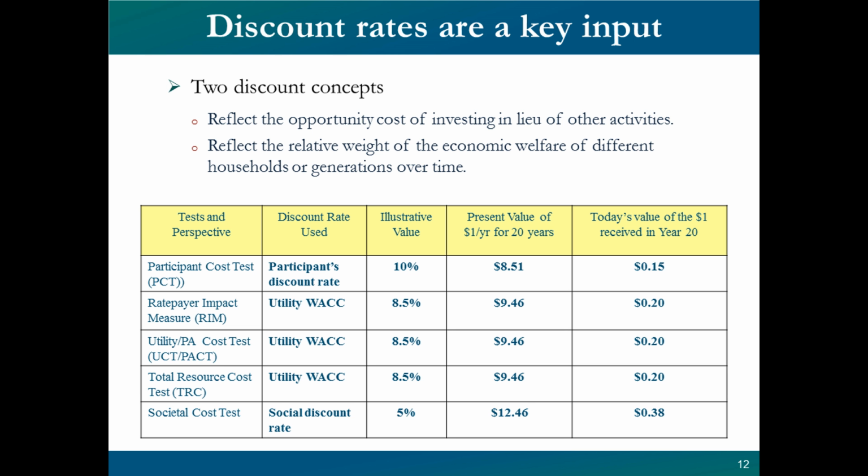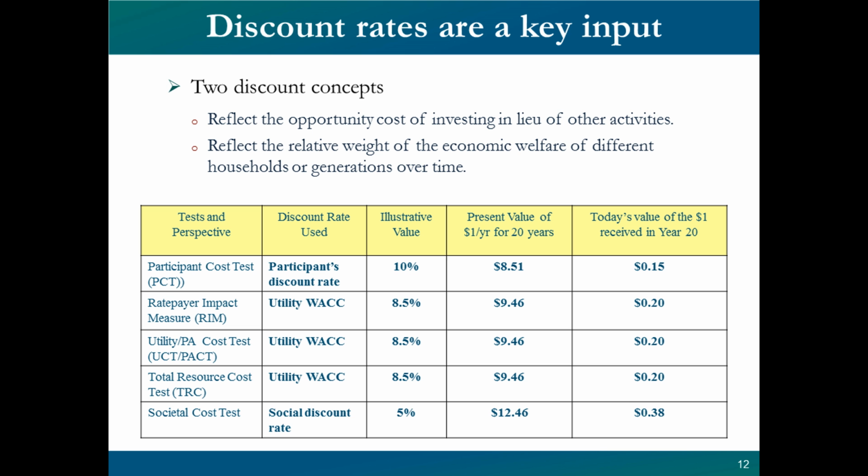We're doing life cycle benefits and costs, and especially if we're talking about whole building measures, we're talking about things that will be there for a very long time. And so how you discount really drives the needle, especially given that we're talking about upfront investments that pay back over a long period of time. So the lower the discount rate, the much greater your benefits are going to look.